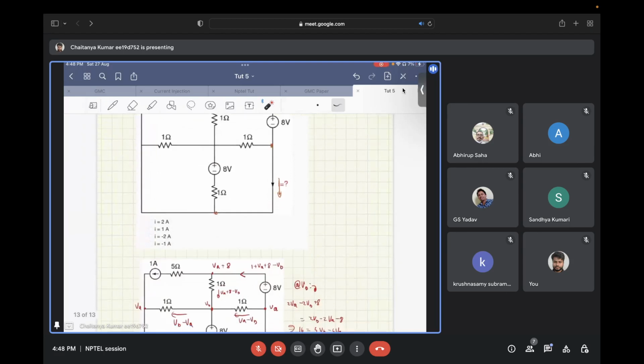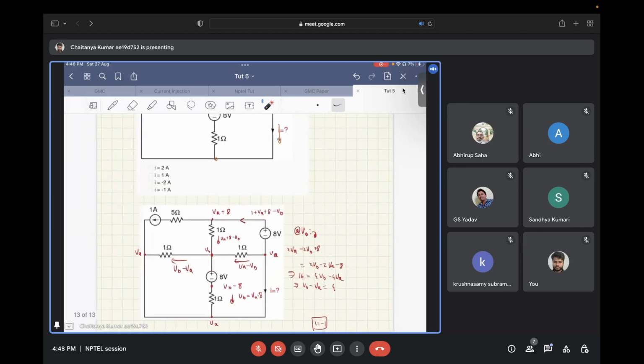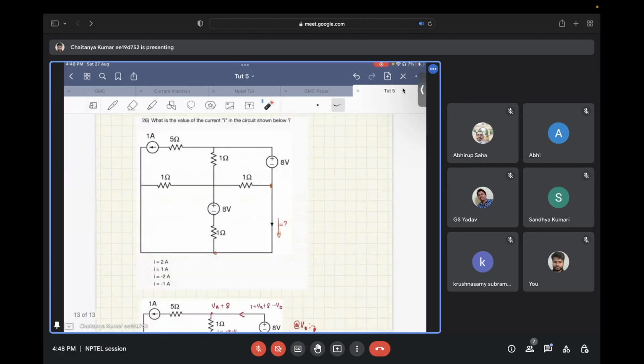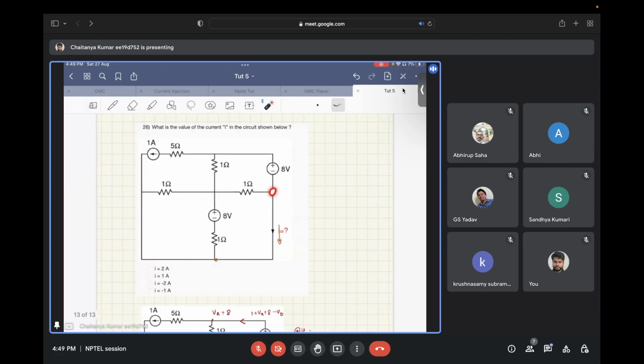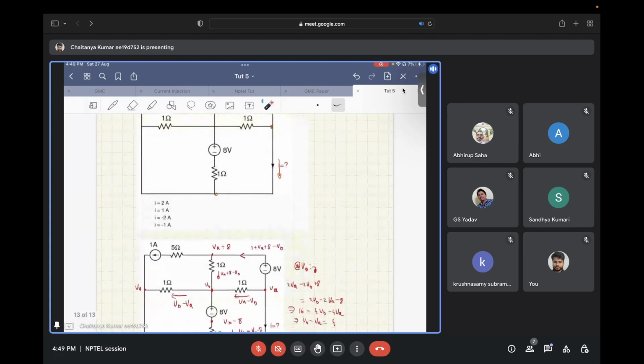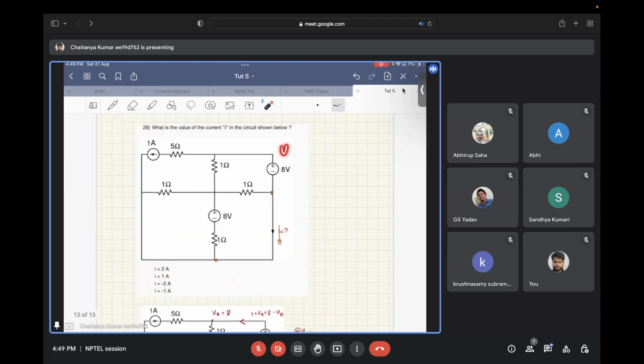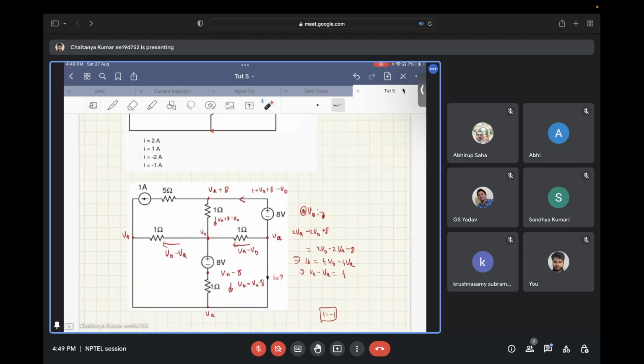So let's call this complete node VA, and let's call this node VB. Since there is an 8-volt voltage source between this node and this node, this will be VA plus 8 volts.